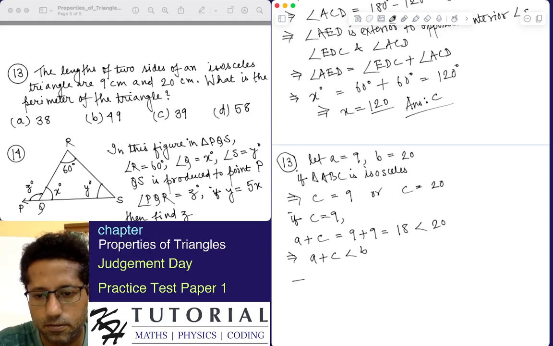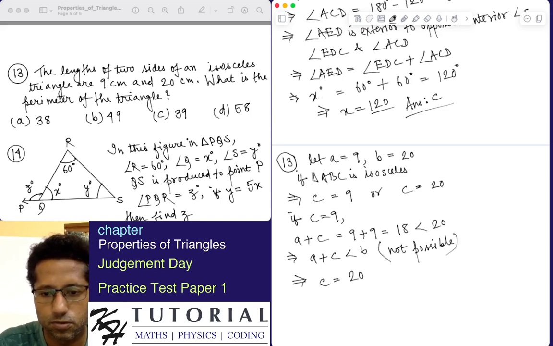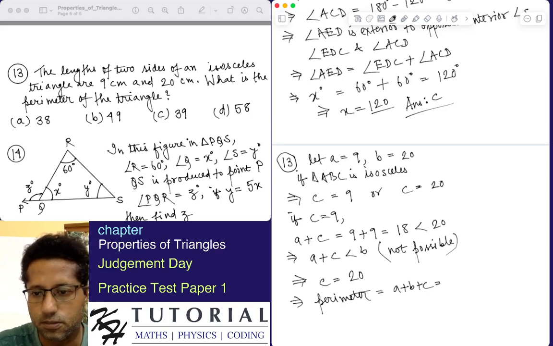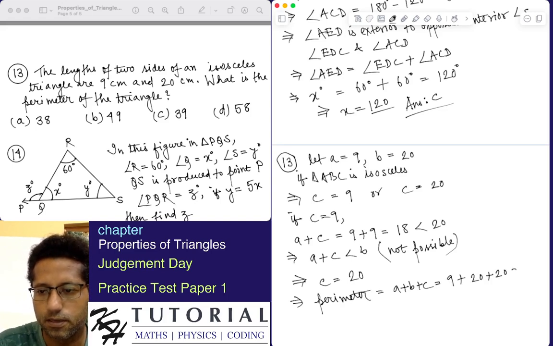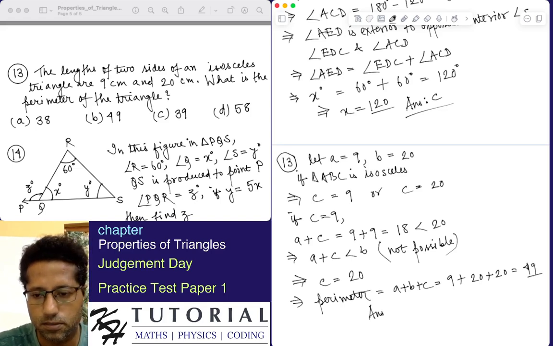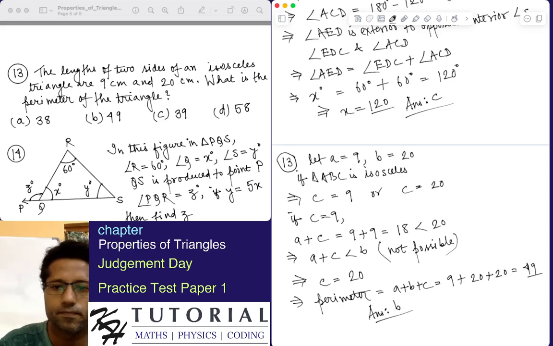So this is not possible. So c equals 20. So the perimeter is equal to a plus b plus c, which is 9 plus 20 plus 20, that is 49. So the answer is choice B.